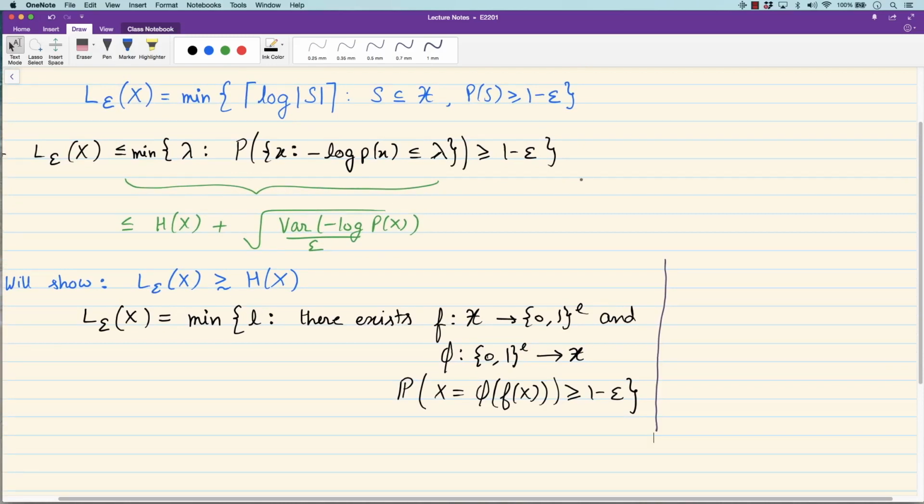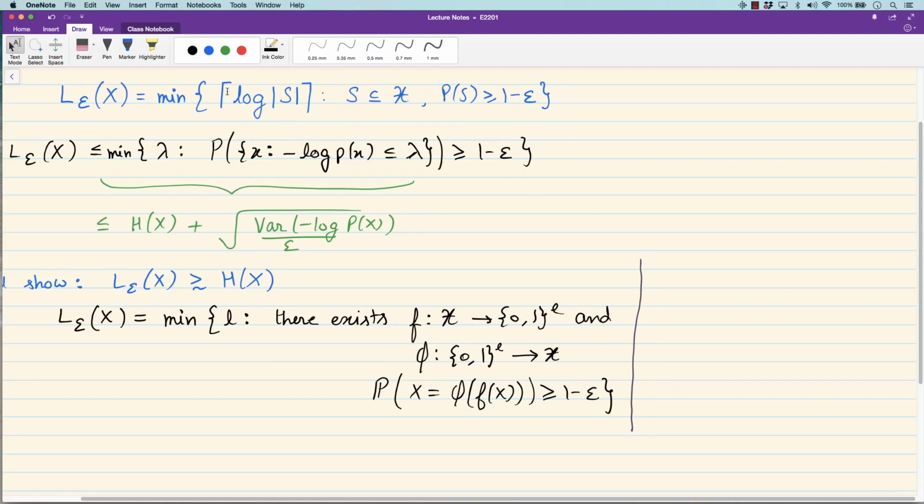What you have to show is that given any mapping f, you can find a set S such that S satisfies probability of S greater than or equal to 1 minus epsilon, and this L is equal to log of cardinality of S.